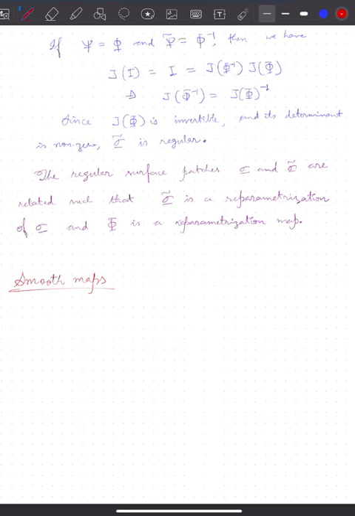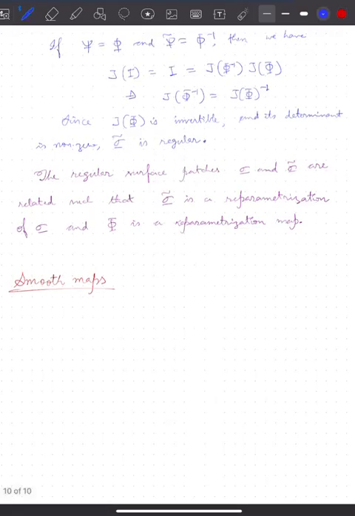Of course, we have been discussing smoothness for quite some time. So here we want to define smoothness between two maps, which happen to be single surface patches for two different surfaces.